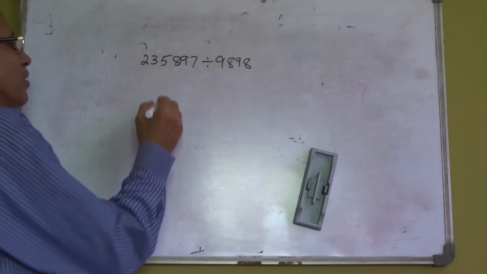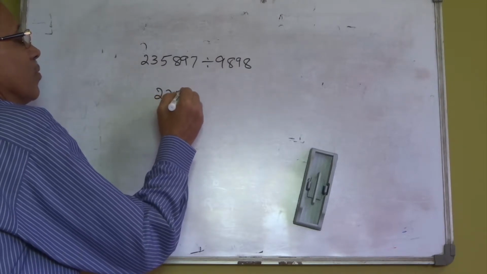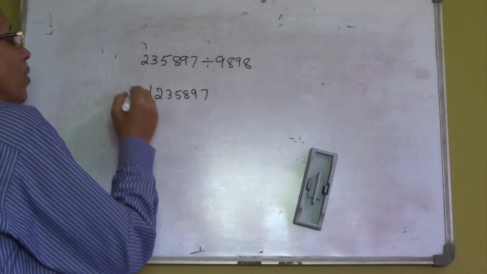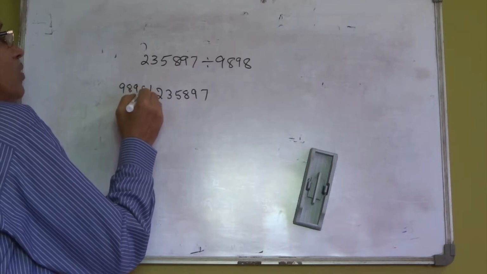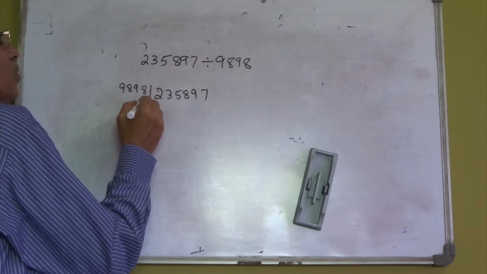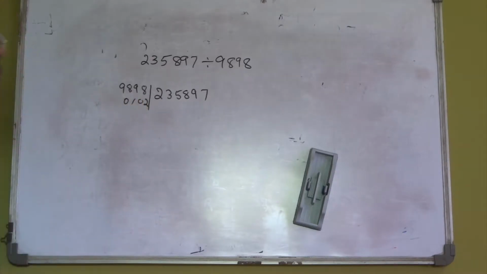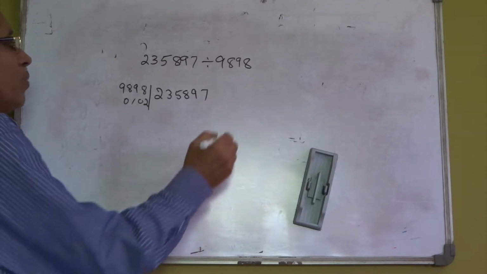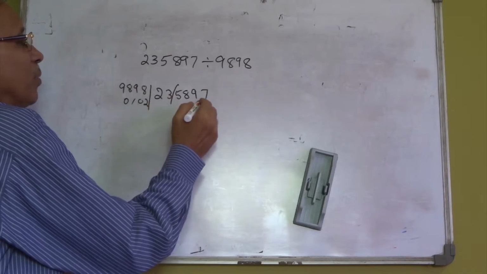So we write it like this: 2, 3, 5. 10,000 minus 9898 is 0, 2, 1, 0. 10,000 has got 4 zeros, so this will be 4 digits. Now from the right side 4 digits, this will be the quotient, this will be the remainder.